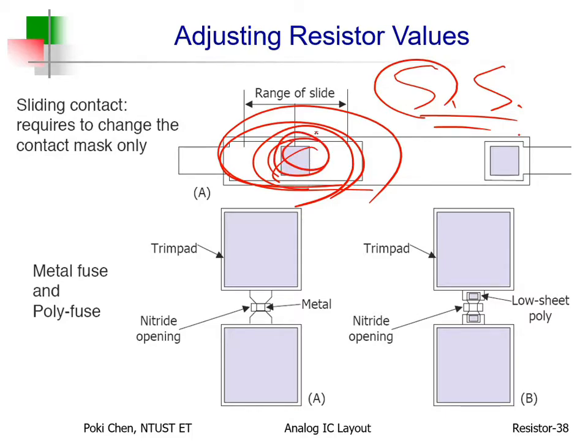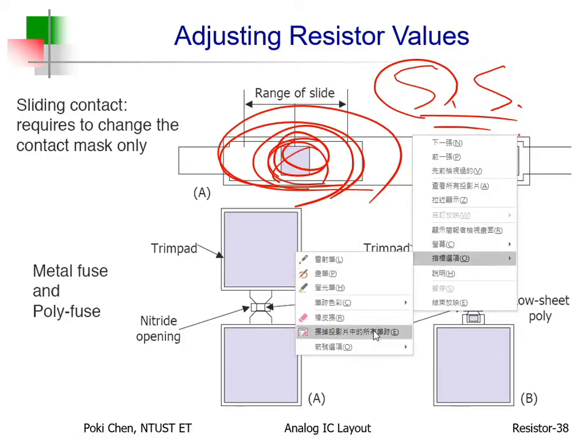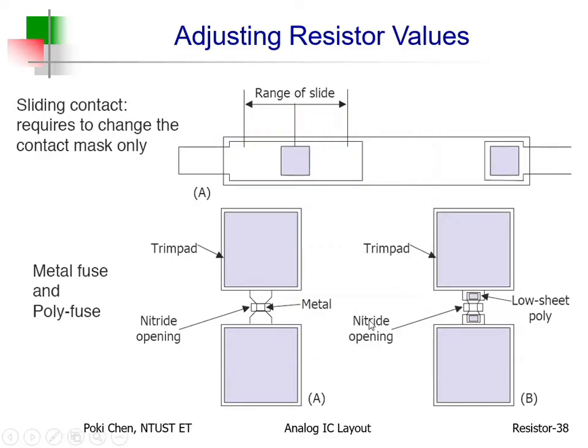So it means what? To adjust the contact, you need to make it before fabrication. Wow. So it is some kind of dilemma, right? How can you vary the resistance? It should be before the end of fabrication.